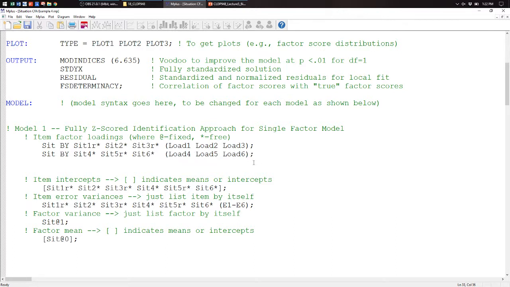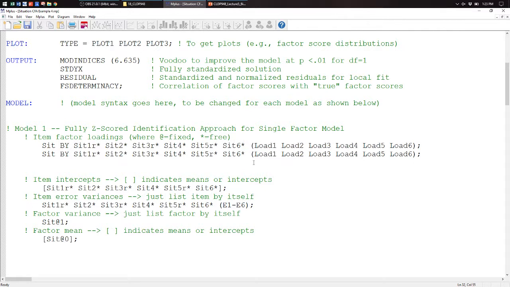There. So each line is its own command. Each line ends in a semicolon, and the three constraints, or the three labels, apply to the three parameters there.